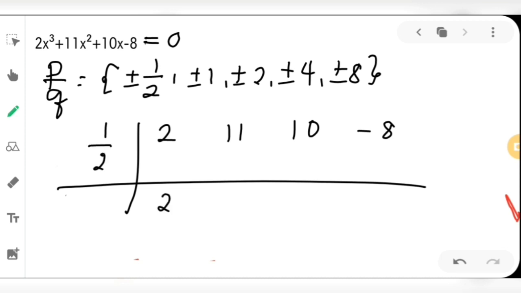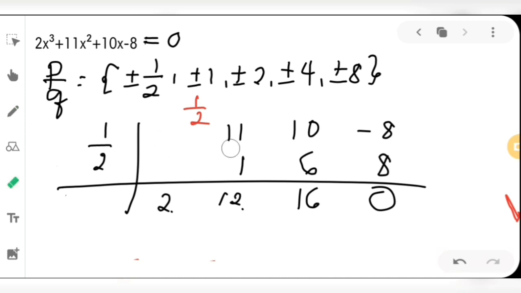Bring down 2. 2 times 1/2 is 1. 11 plus 1 is 12. 12 times 1/2 is 6. 10 plus 6 is 16. 16 times 1/2 is 8. So negative 8 plus 8 is 0. Okay, so we have now the first root, which is 1/2.